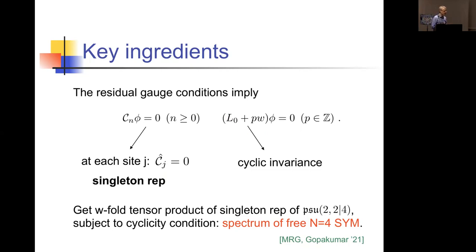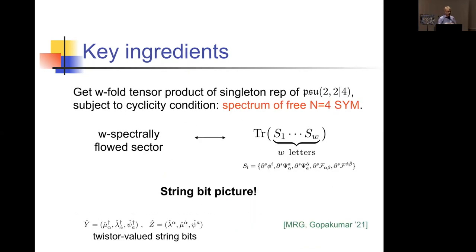So in this way, you see that what's left behind after this gauge fixing procedure matches exactly the physical spectrum of free super Yang-Mills. And the picture you should take away from here is that the spectrum of free super Yang-Mills is all the traces of all the fields you can make. The fields you can make are derivatives of the bosons and the fermions and the field strengths. These are exactly in one-to-one correspondence with the elements of the singleton representation.